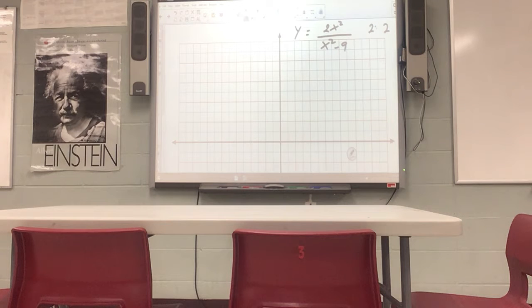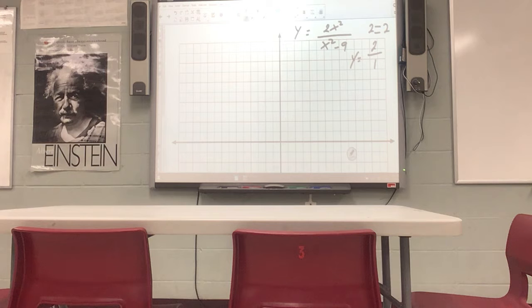Equals. So our numerator degree is equal to our denominator degree. What that tells us is that the coefficient of your numerator over the coefficient of your denominator is going to be your horizontal asymptote.